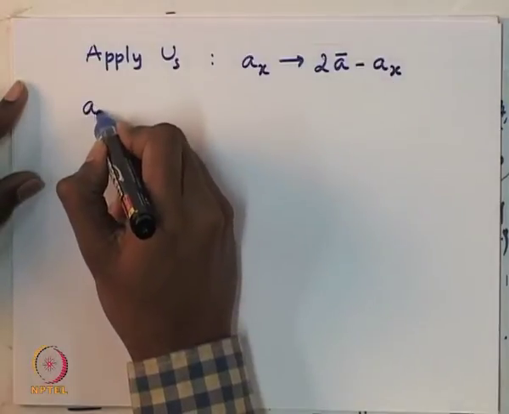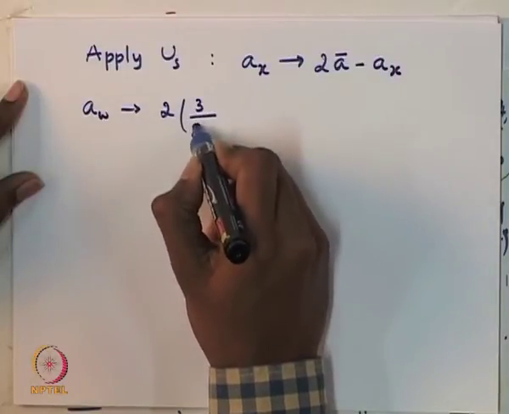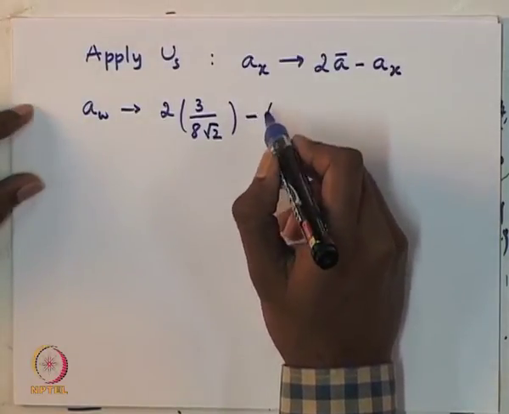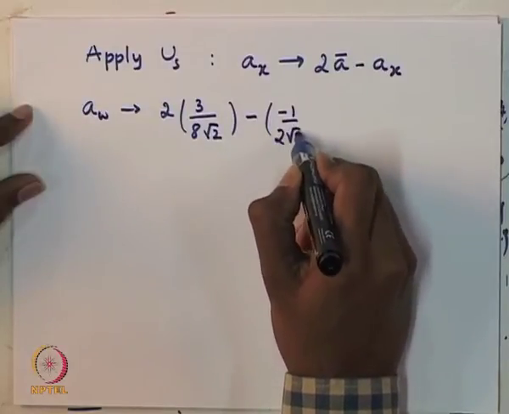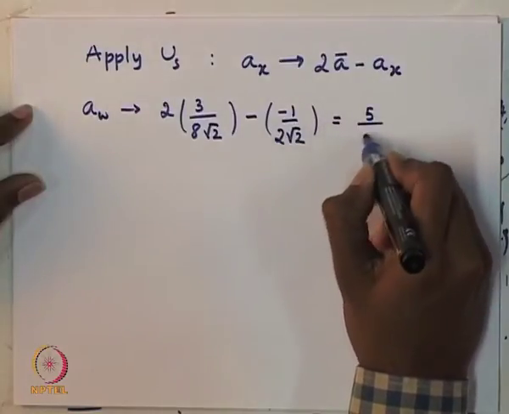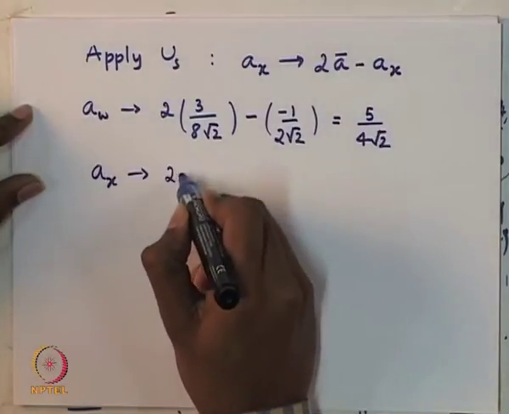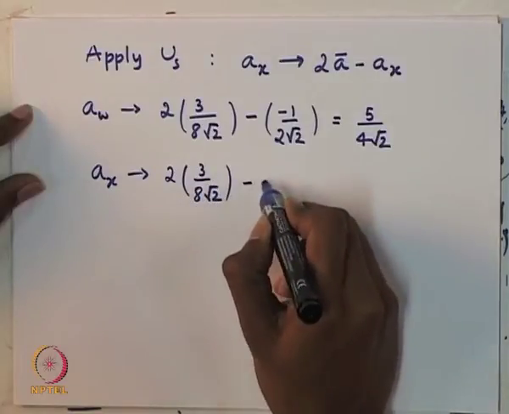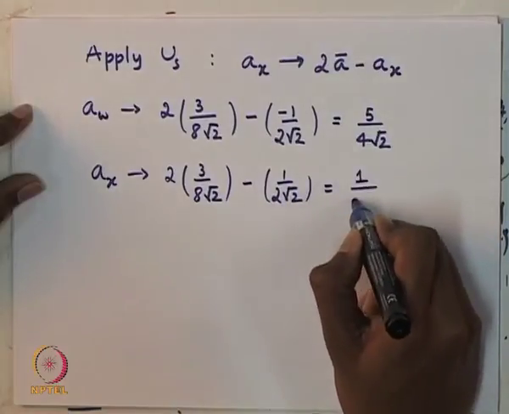So our AW transforms to 2 times A bar, that is 2 times 3 by 8 root 2, minus our AW in the previous state, which is minus 1 by 2 root 2, which gives us 5 by 4 root 2, and all our AX are transformed to 1 divided by 4 root 2.